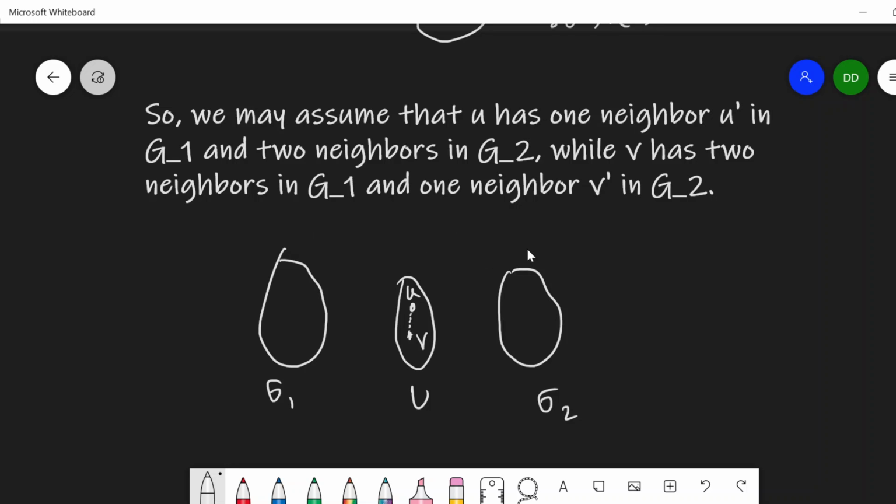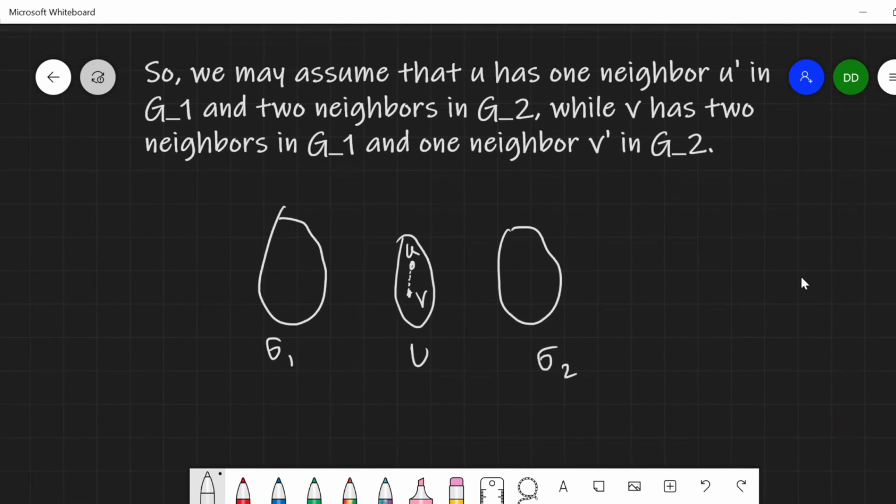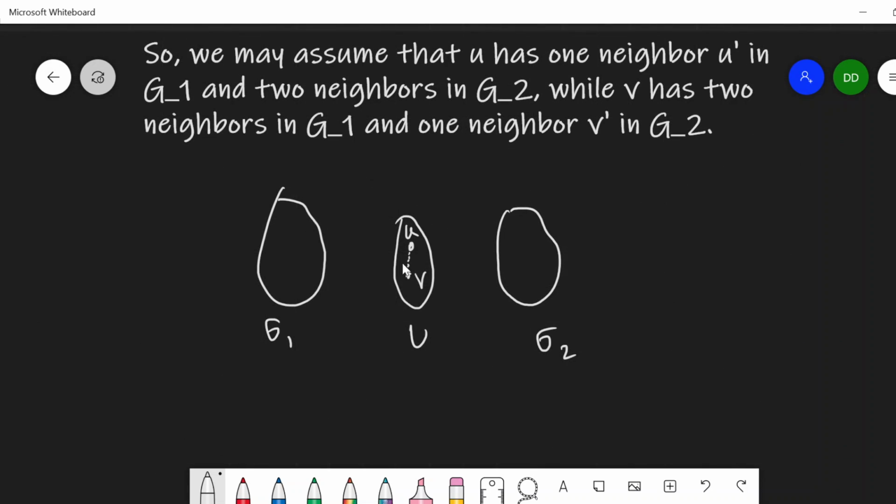Right, yeah, if there were three components, then each of U and V would have to be adjacent to a vertex in each of the components. And then we would be, in this original case, there would be one component that contains the one neighbor of U and V. So we can assume, yeah, there's only two components here, and moreover, U and V are not adjacent because we have U has one neighbor in G1.